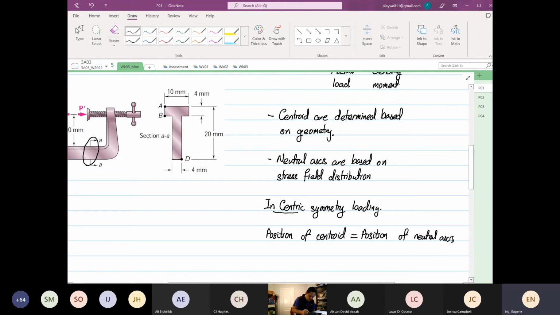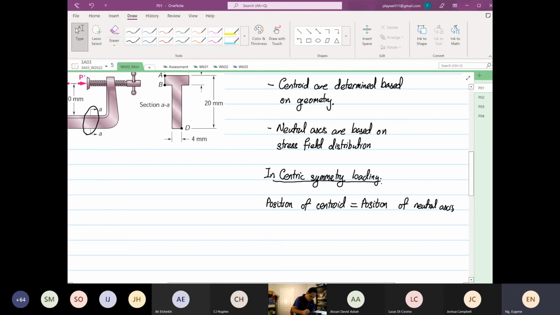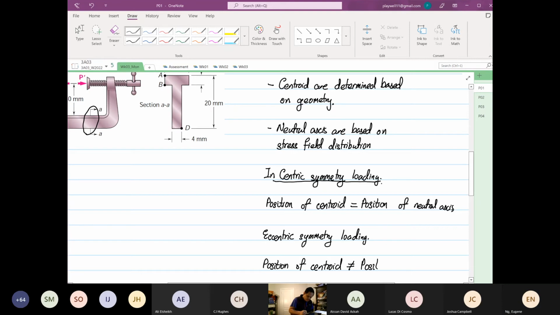In centric loading. For eccentric loading, the position of the centroid is not the same as the position of the neutral axis. So you have to be careful over here.